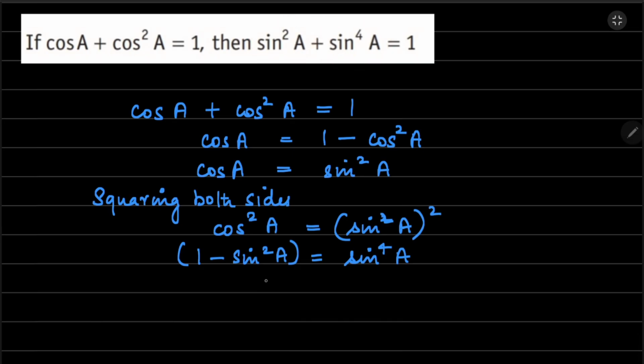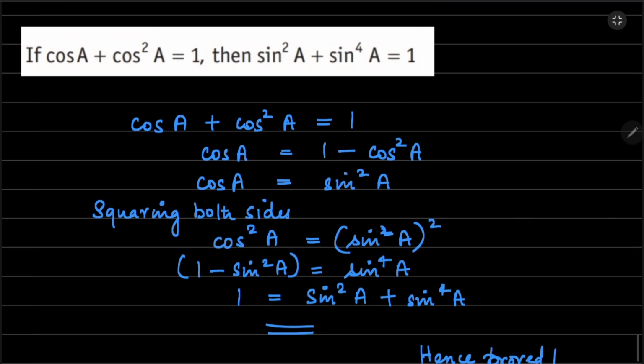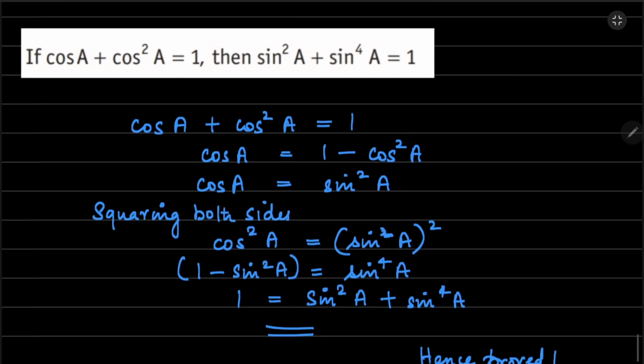So you can take minus sine square A to the RHS. So you get 1 is equal to sine square A. Minus becomes plus when it moves from LHS to RHS. Plus you already have sine to the power 4A is equal to 1, hence proved. Okay. That's all.